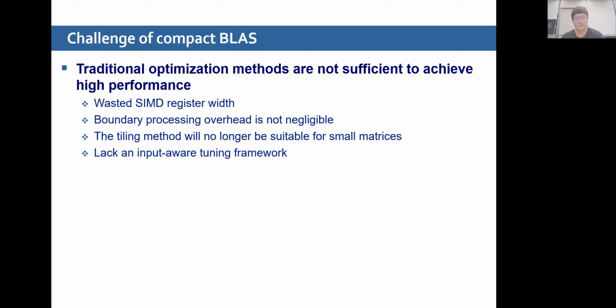Second, the edge processing causes many overheads for some matrices. Third, the small matrix can be stored entirely in L1 cache, making the original tiling methods meaningless. And finally, traditional methods cannot generate high-performance execution plans for small matrices of different sizes.